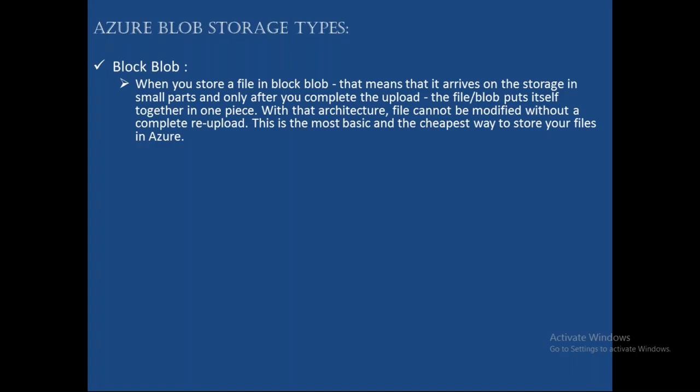If any block upload fails, the entire file upload will fail. Only if all the blocks upload successfully can you say the entire file is uploaded successfully. Now, can we change any one block?